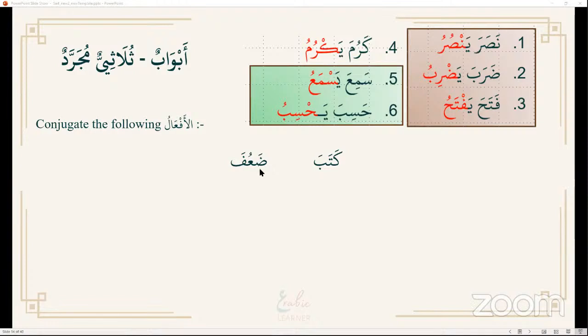Da'ufa. And what is the mudari? Yad'ufu. Yes. Da'ufa yad'ufu. Is it clear, brothers and sisters?